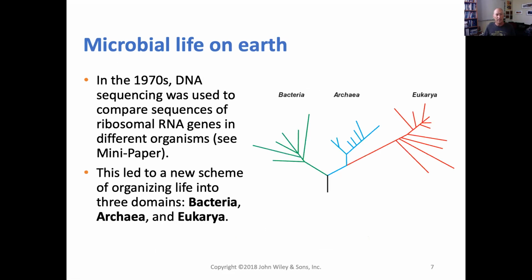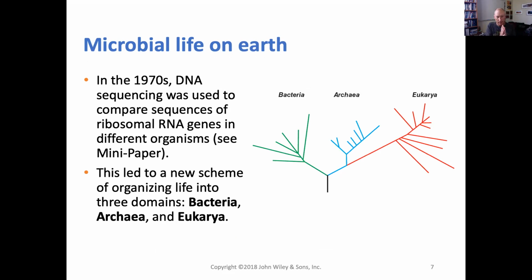Well, in the 1970s, a guy named Carl Woese at the University of Illinois started studying ribosomal RNA genes as a universal measuring stick for relationships between life on Earth, because all life on Earth has ribosomal RNA in it.